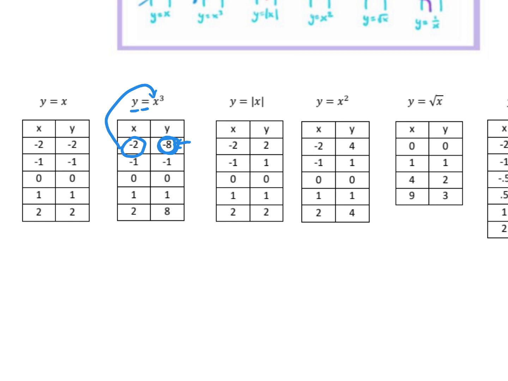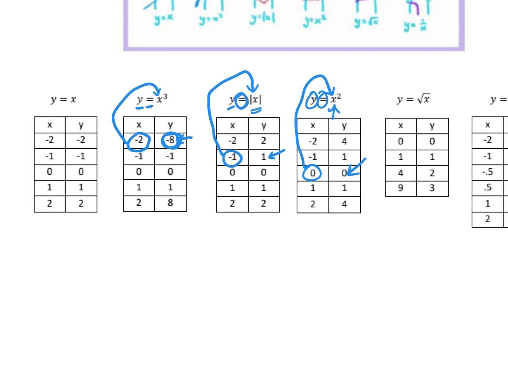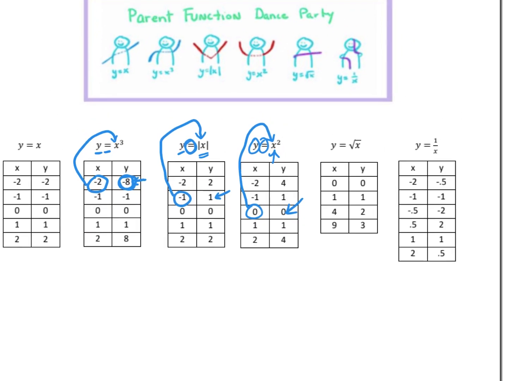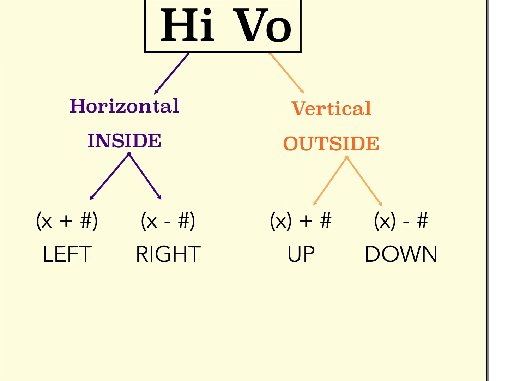Or if I stick this in the function for the x, y equals absolute value of that, which always comes out positive, so it's 1. So again, you can get these by sticking the numbers from the x column into the x, and then reading y equals whatever the answer is. 0 squared is 0, so that's why it's 0, 0. All right, so those XY charts are really important.